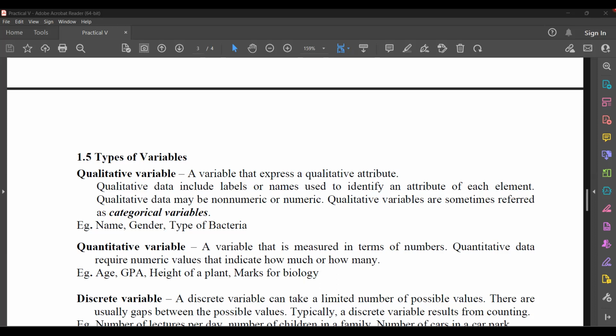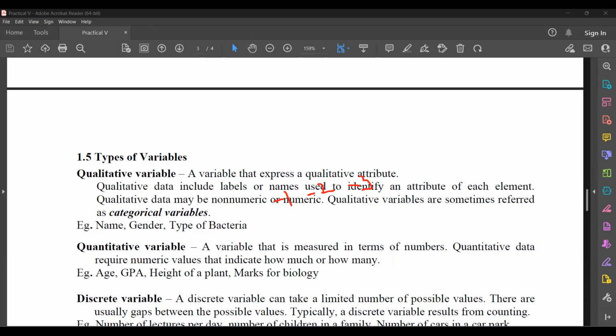For example, the number of children in a family. If we consider this variable, what are the possible values? Can it take values like -1, -2? You can't, right?